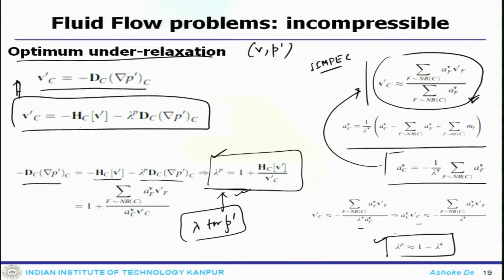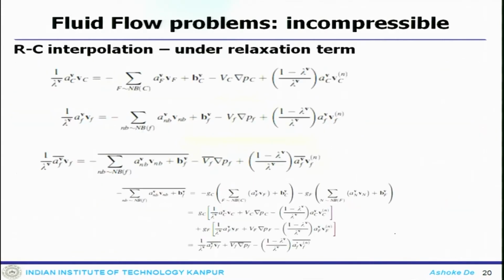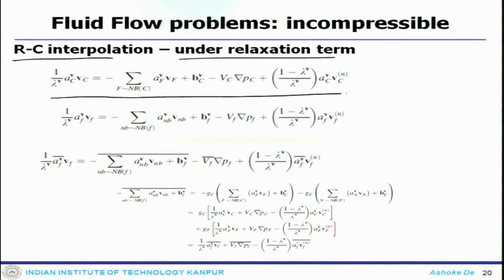Now one more important thing which one can discuss is the Rhie-Chow interpolation and the treatment of the various terms in it. First one can look at the under-relaxation term. This is how one has written the momentum equation, with the under-relaxation term written like that.